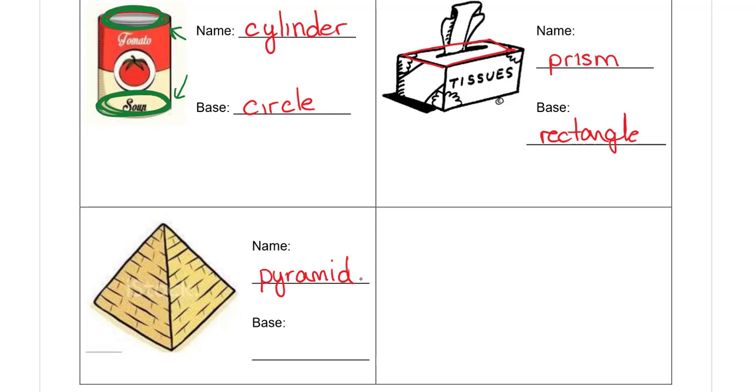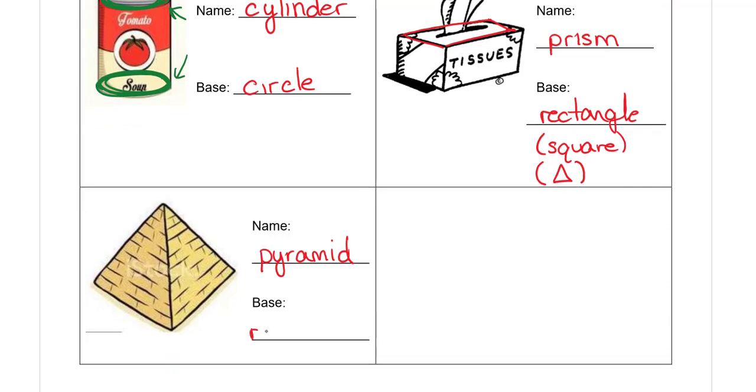Okay, and just like a prism, we could have a square base, we could have a rectangular base, we could have a triangular base. A pyramid could be the same thing. Our base can be a rectangle, our base can be a square, or our base can be a triangle. It just depends on the shape of the base.